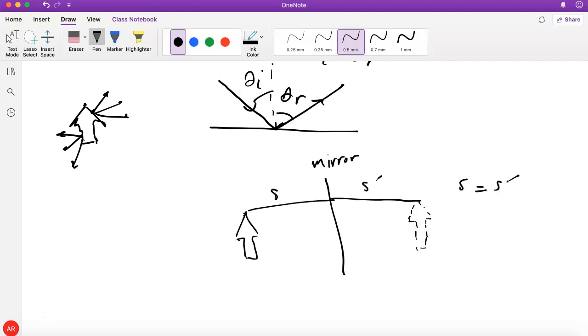So S is equal to S prime from the mirror. And that's just a direct consequence of this law of reflection.